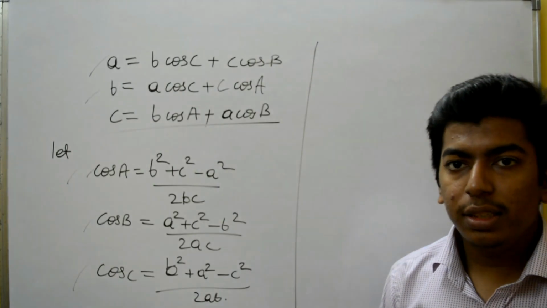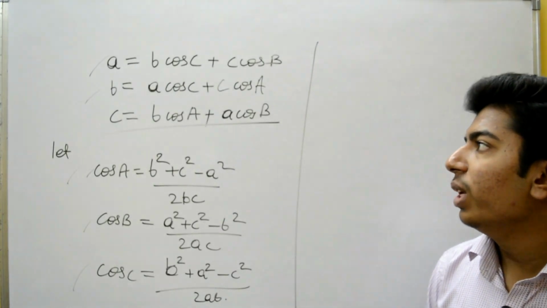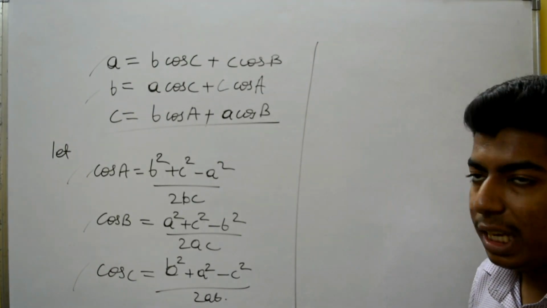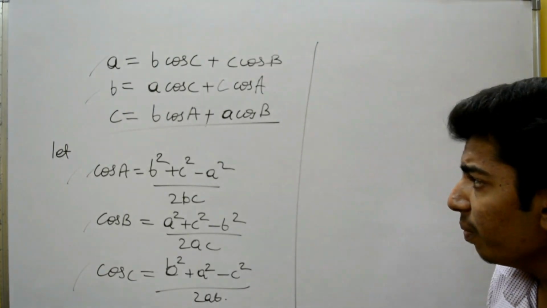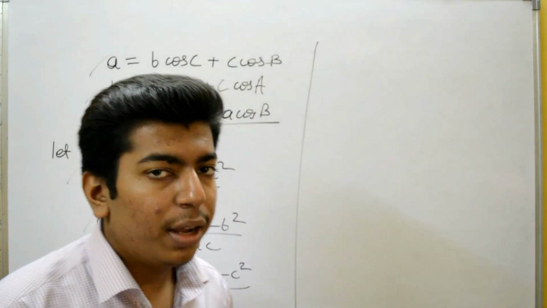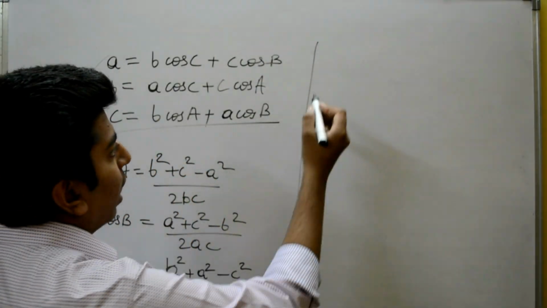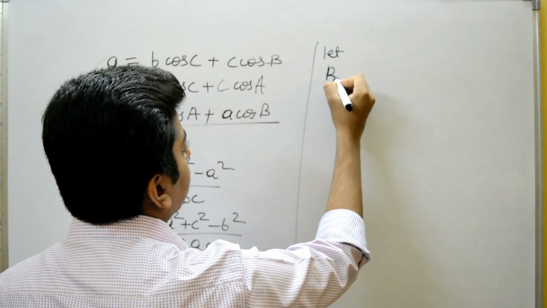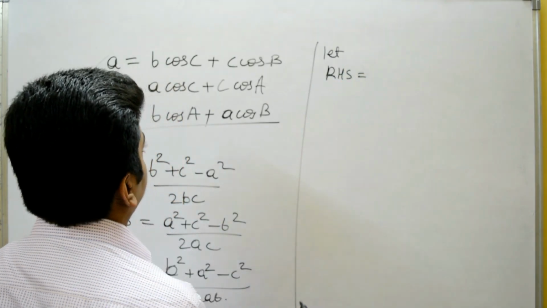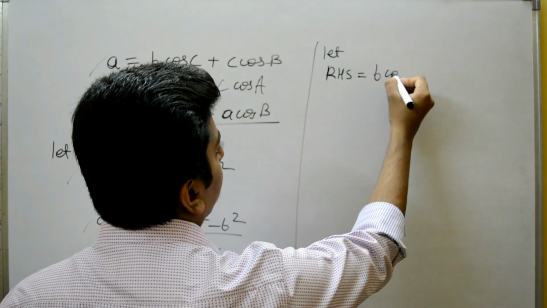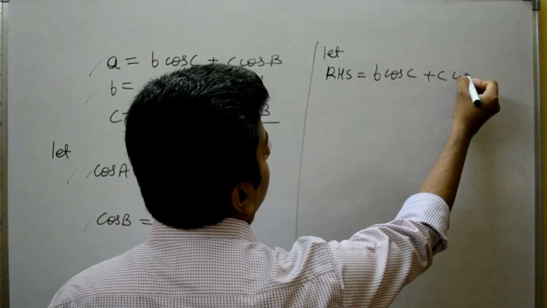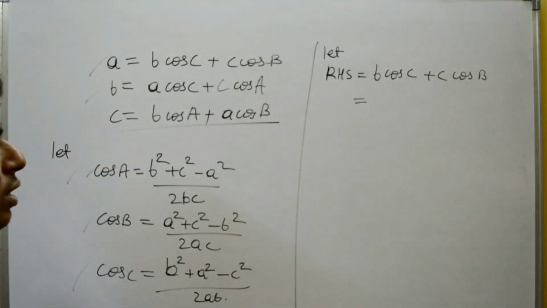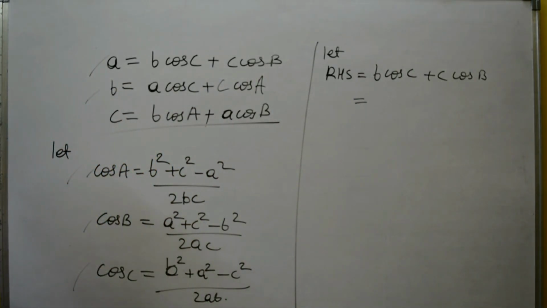So in this session we will try to prove the first one, that is A is equal to B cos C plus C cos B. Let RHS be equal to B cos C plus C cos B. Put the value of cos C and cos B over there.